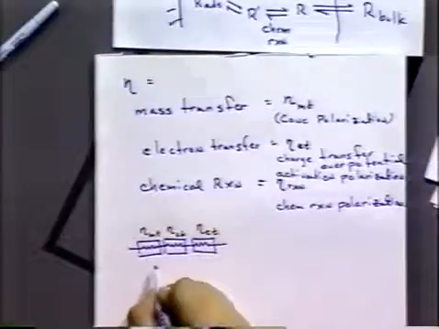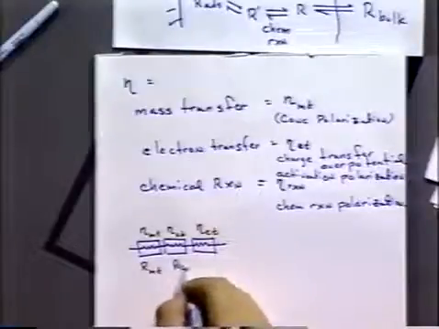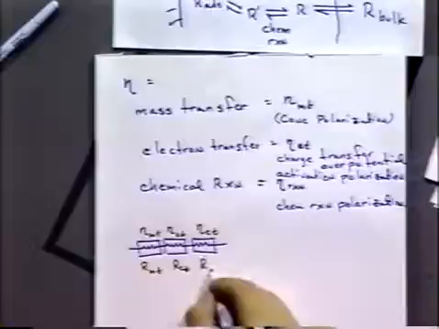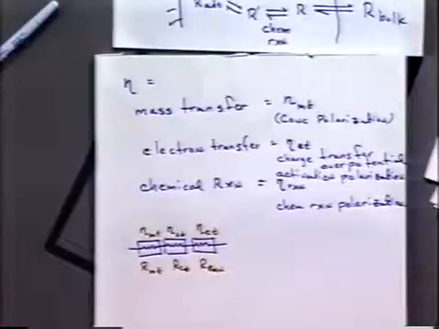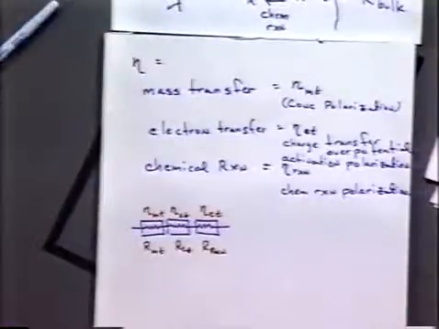We might think about these resistors as mass transfer resistors, charge transfer resistors, and reaction resistance. But they're not really resistances. They're in fact nonlinear functions of potential, so we can't really think of them as real resistances. But under certain conditions, they actually act somewhat like resistors, and so that's where that terminology arose.